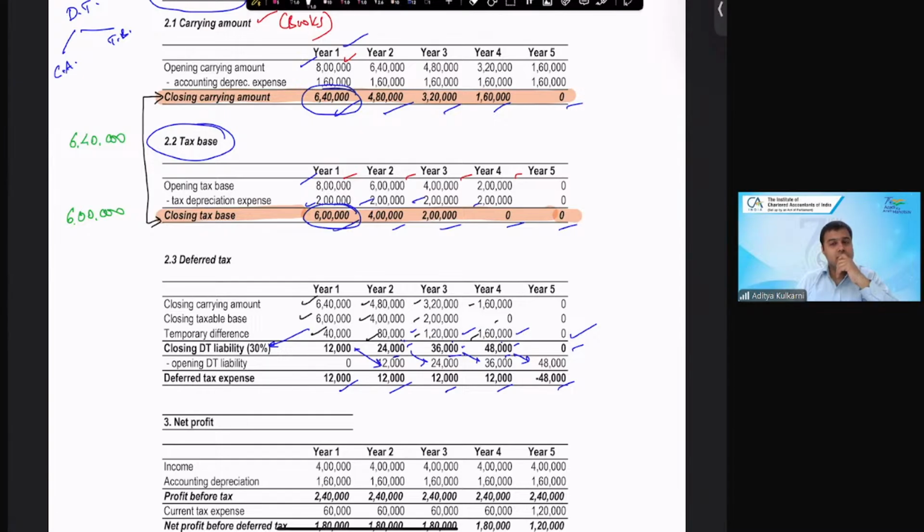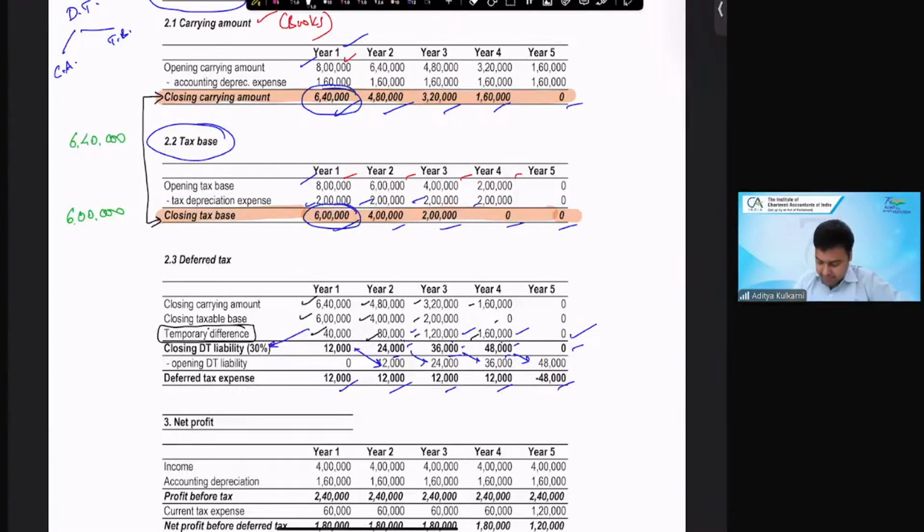Yes, sir. That means this difference is not of a permanent nature, rather it is of a temporary nature? Yes, sir. So we call it a temporary difference.